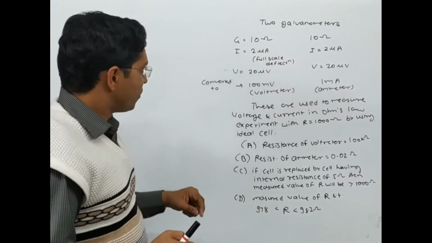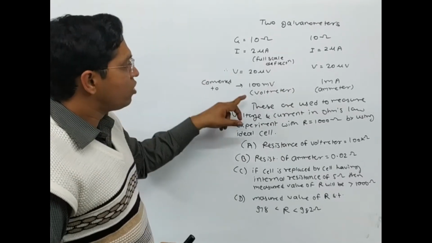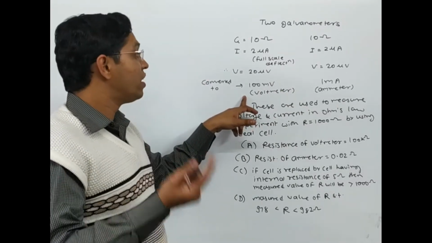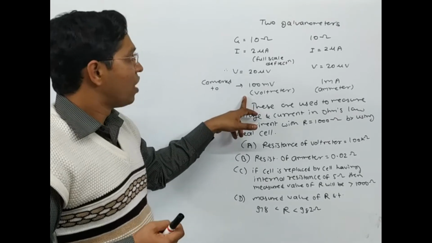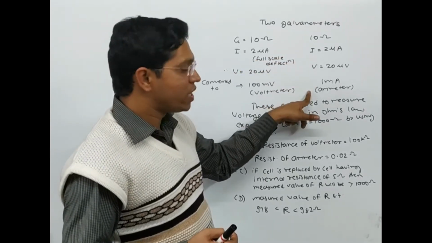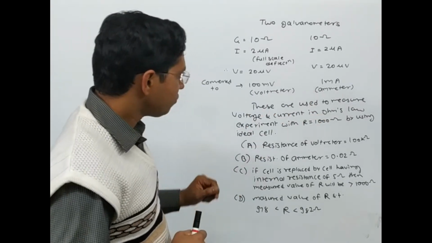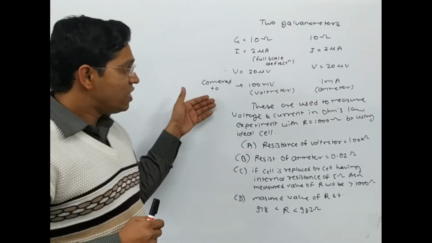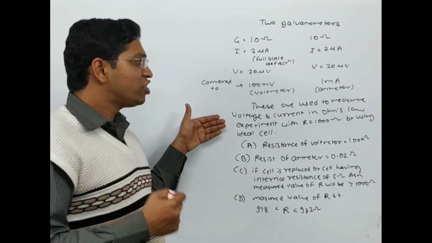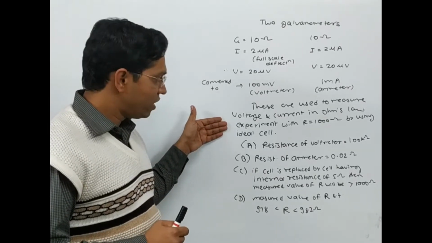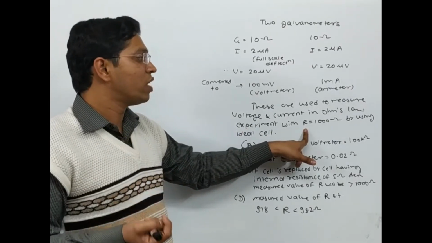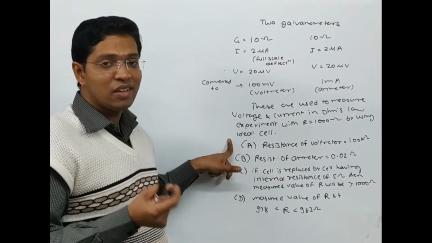Later on, they have converted one galvanometer into a voltmeter for measuring 100 millivolt as a maximum voltage, and another galvanometer into an ammeter for measuring 1 milliampere as a maximum current. It is also said that these are used to measure the voltage and current in Ohm's law experiment with resistance equal to 1000 ohm by using the ideal cell.